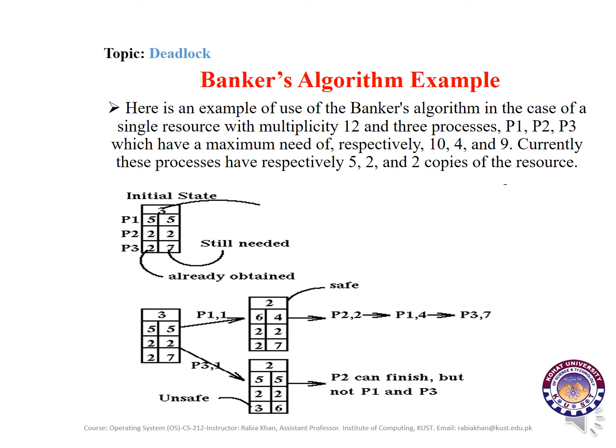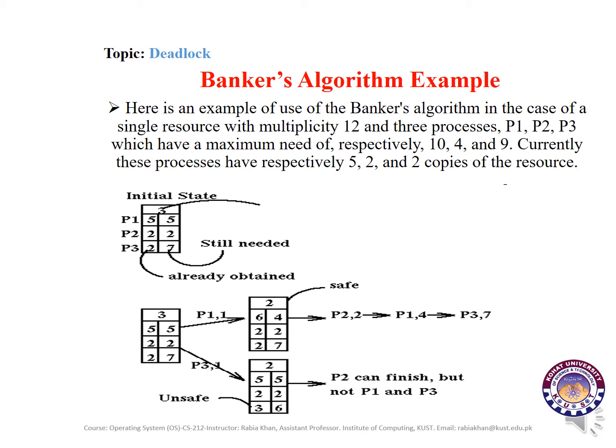Here is an example of Banker's algorithm. Keep in mind that Banker's algorithm works for multiple instances of the resource. For example, there is a resource in the system having 12 instances and 3 processes, P1, P2 and P3. All of these processes have declared their maximum demands in advance.